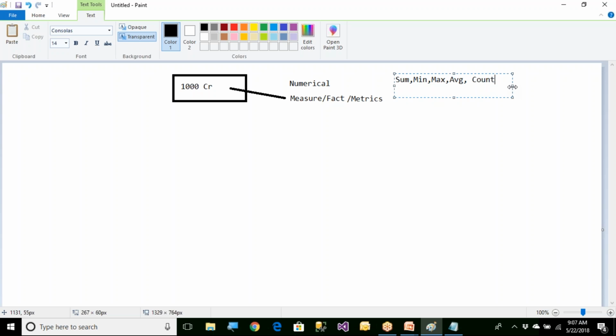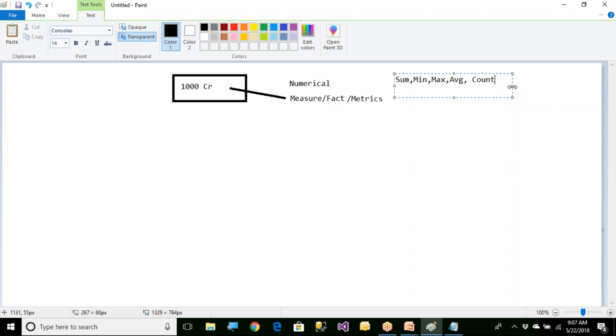I want to know the average sales across the countries. I want to understand what the sales were last month for the product Rin soap in, say, India. So you want to perform sum, min, max or average operations, not particularly count, but the remaining operations have to be performed.